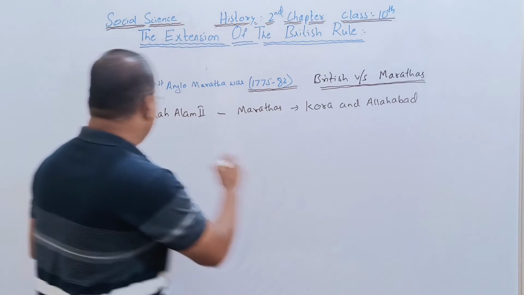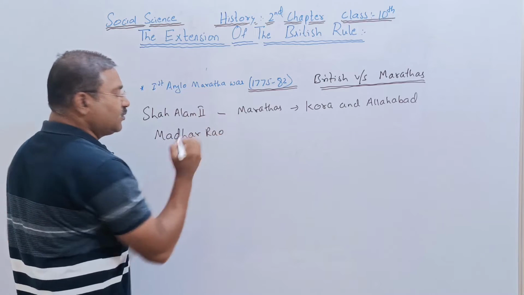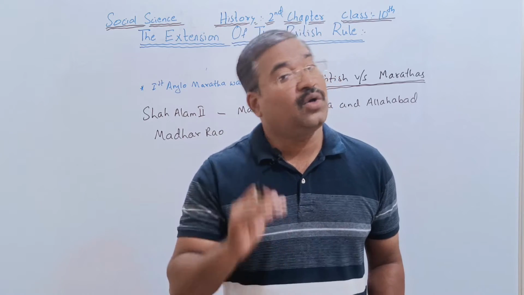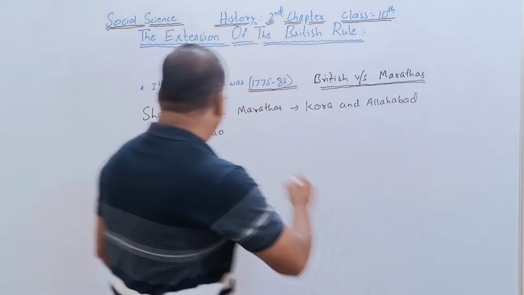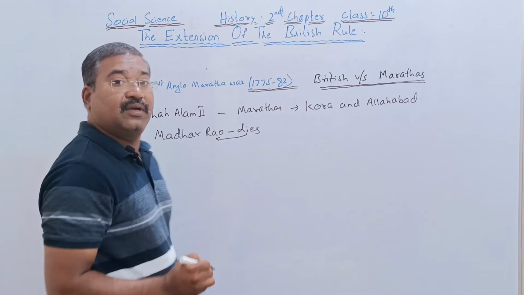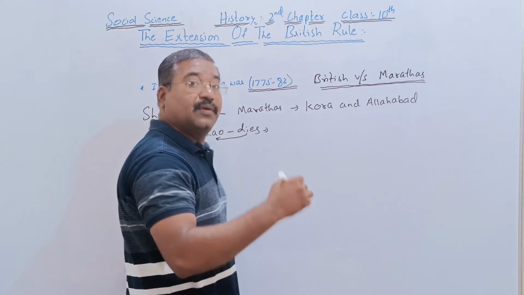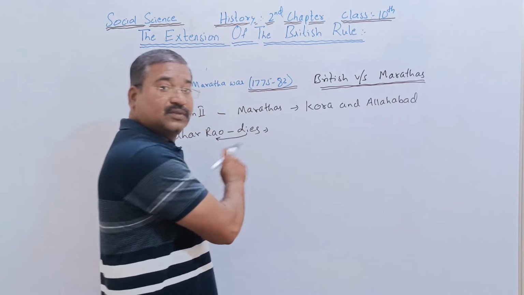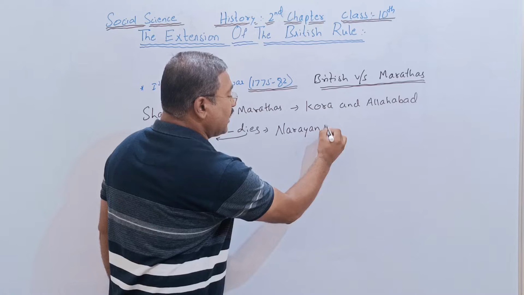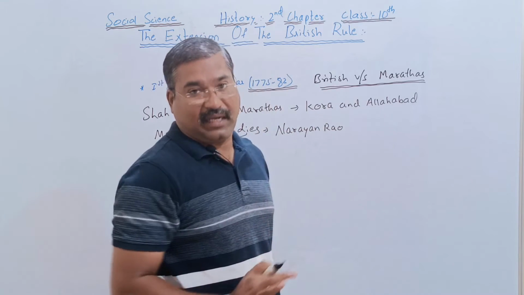Now, what happened? Madhav Rao was the Maratha Peshwa. Madhav Rao dies. The death of Madhav Rao caused his brother Narayan Rao to become the new Peshwa of the Maratha.